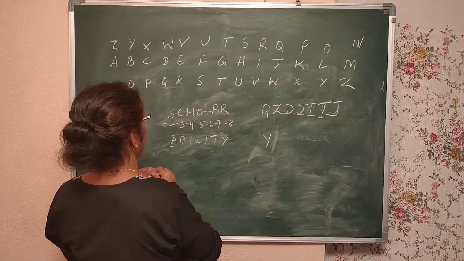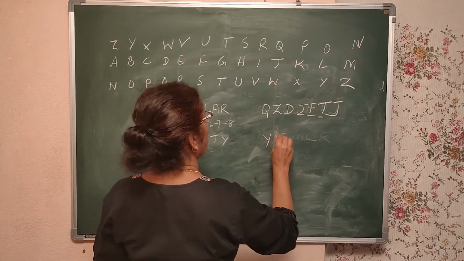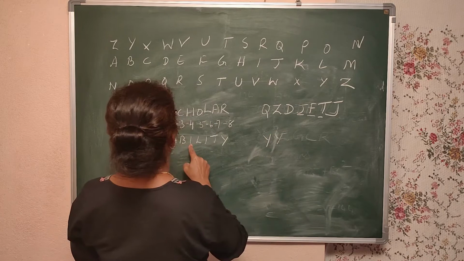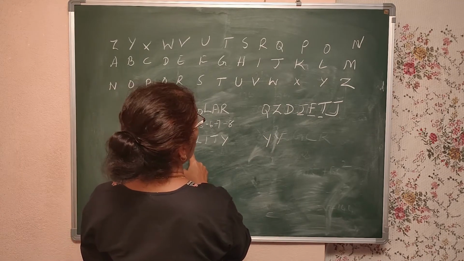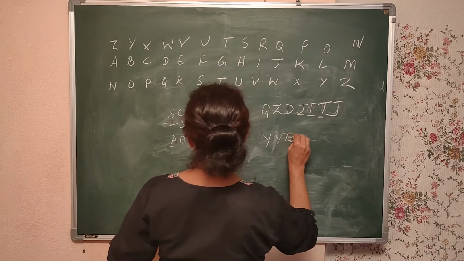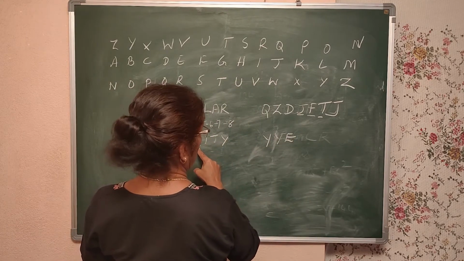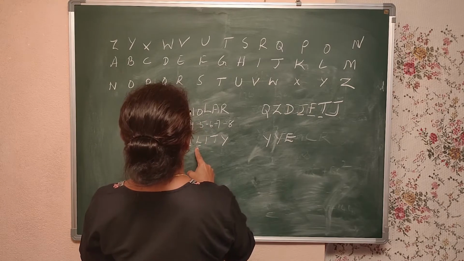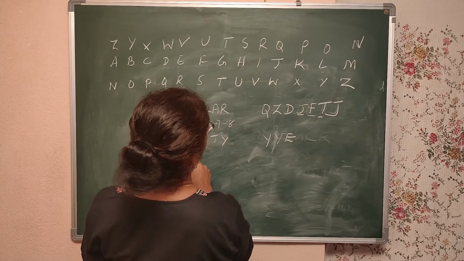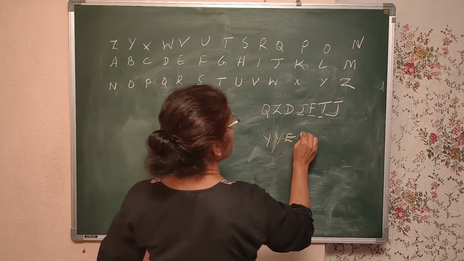Right? B minus 3: 1, 2, 3. Y. I minus 4: 1, 2, 3, 4. E. L minus 5: 1, 2, 3, 4, 5.